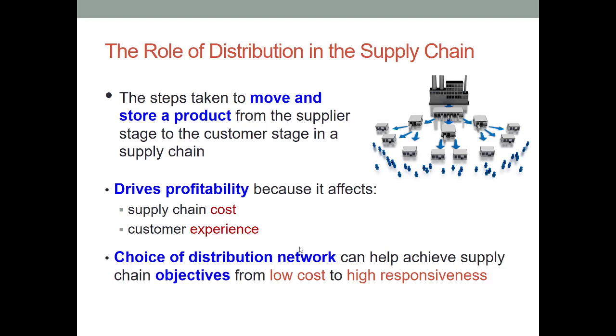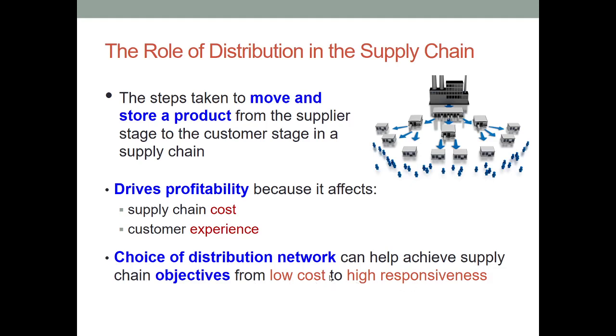Distribution directly affects the supply chain cost and customer experience. We will go into detail on each of these dimensions. The choice of distribution network can help achieve supply chain objectives from low cost to higher responsiveness.